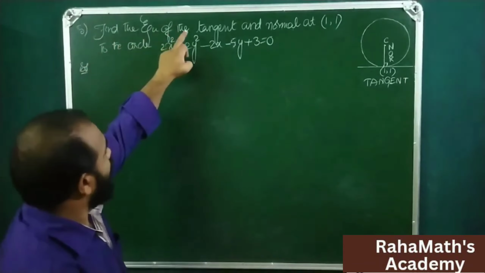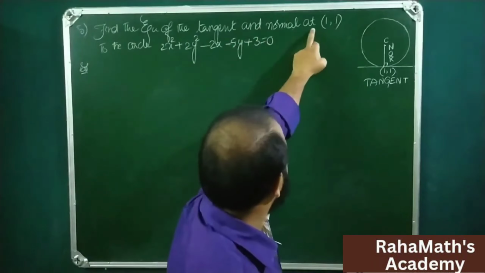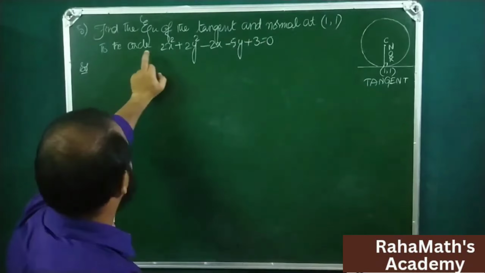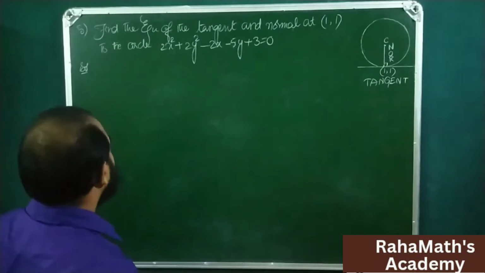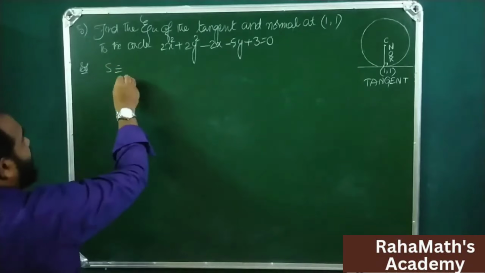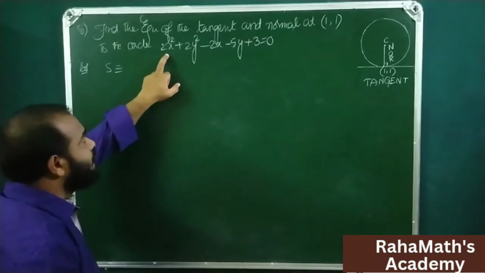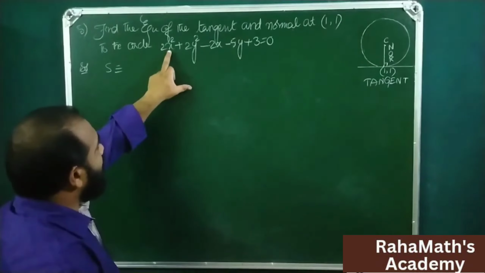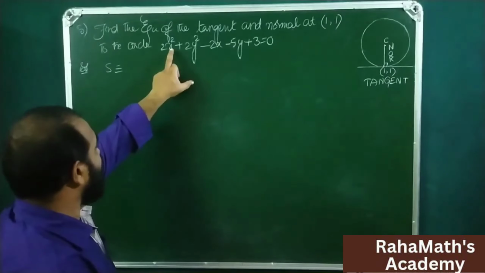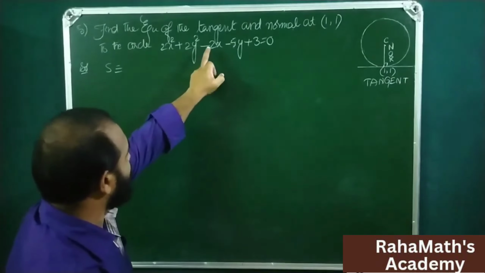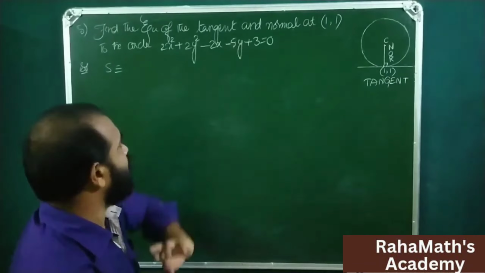Find the equation of the tangent and normal at (1, 1) to the circle 2x square plus 2y square minus 2x minus 5y plus 3 equals 0. This is given. First let us convert this into the general equation of a circle. The general equation of a circle is x square plus y square plus 2gx plus 2fy plus c equals 0.